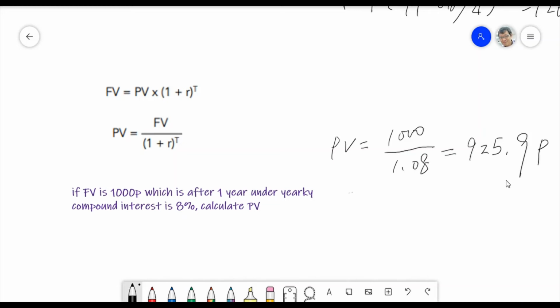So if the interest rate is yearly only 8%, and we want to get 1,000 after 1 year, we have to save 925 or 926. Seems not worthy, right? We only get like four pesos or $4 or something. But anyway, this is calculating the present value.